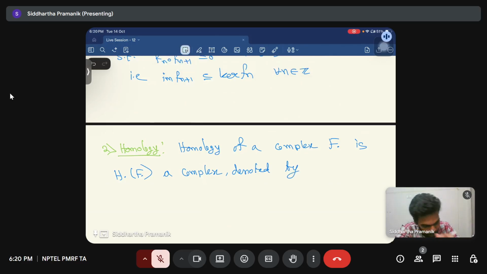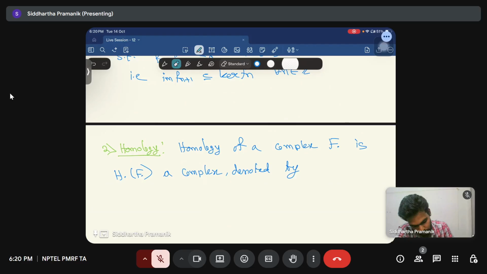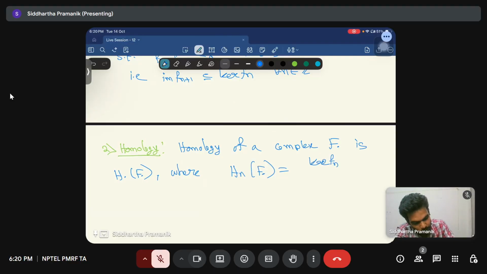It is just a module, need not be a complex, where the nth homology module of f dot is equal to the kernel of fn modulo image of the previous map.